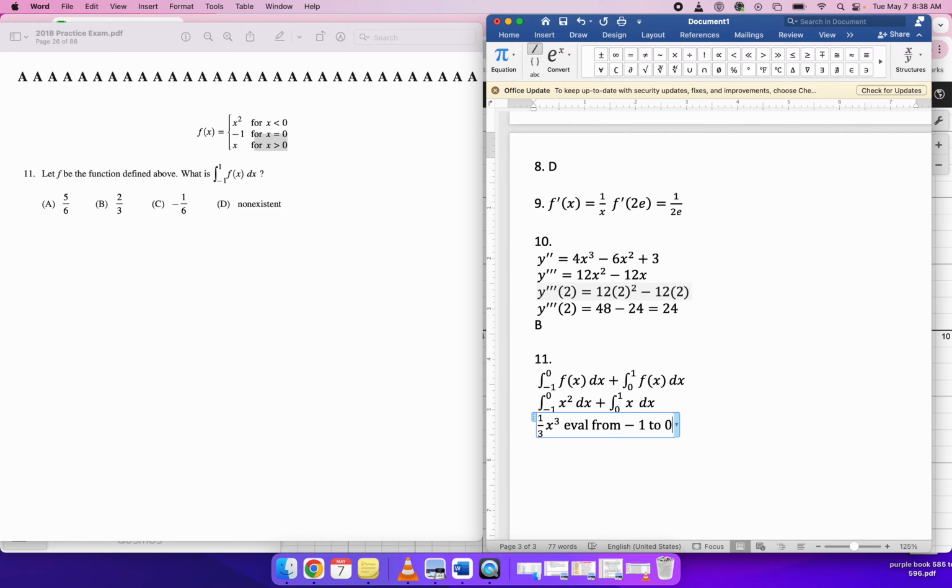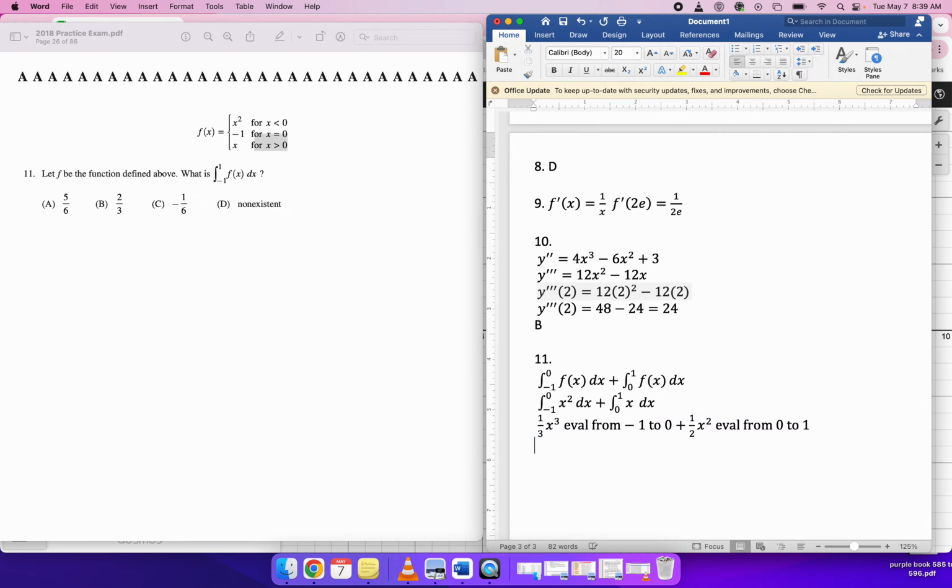I don't really have a good vertical bar in this equation program, so I just have to type evaluate. Plus the antiderivative of x is 1/2 x squared, and we're evaluating that from 0 to 1.